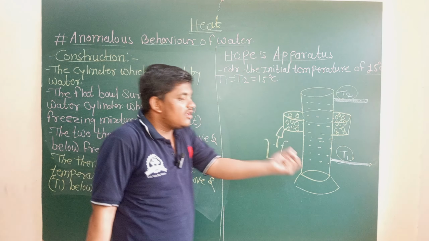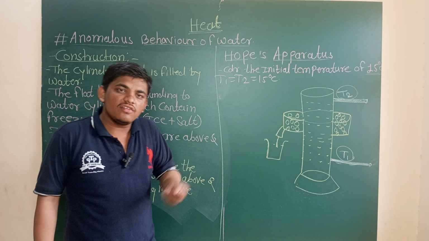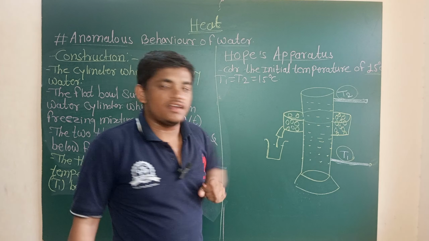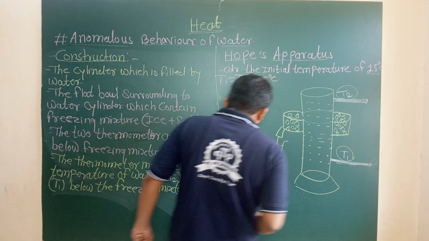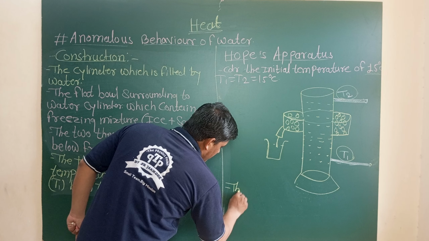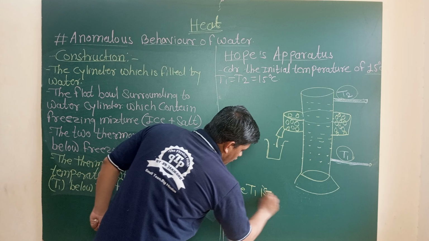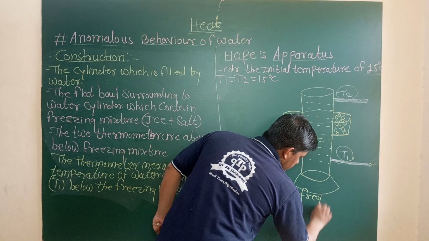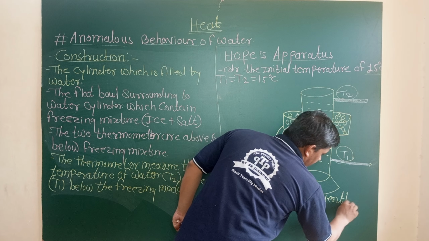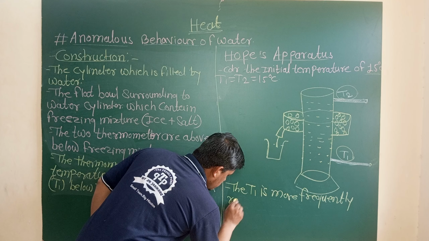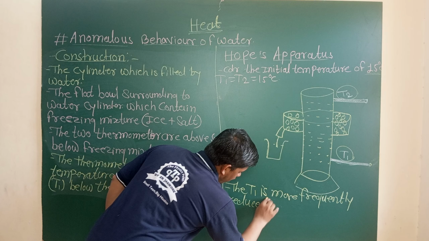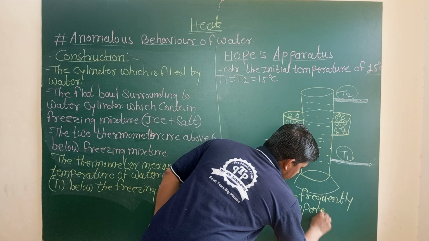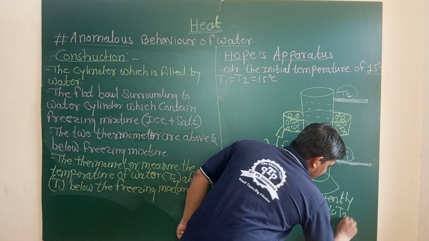At the time of cooling from 15 degrees Celsius to 4 degrees Celsius, the water inside the cylinder contracts. That means T1 is reduced more quickly as compared to T2.